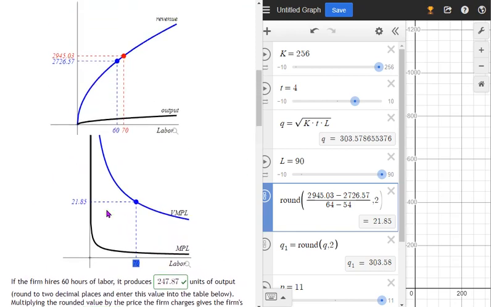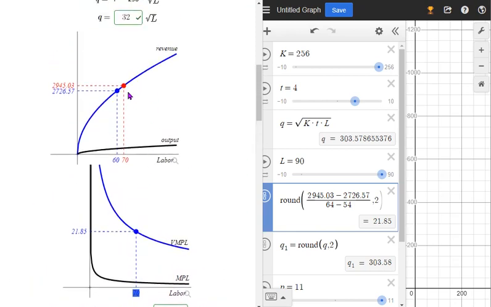That 21.85 is the slope of this revenue curve when we go from the blue dot to the red dot, because labor demand increased from 60 to 70. And while that was going on, revenue increased from $2,726.57 to $2,945.03. So this change divided by that change is 21.85.